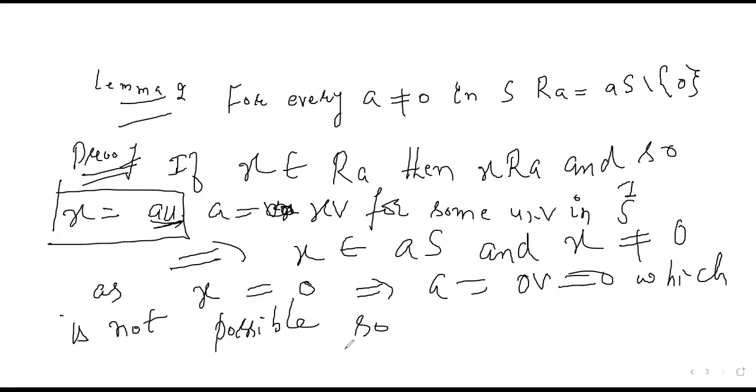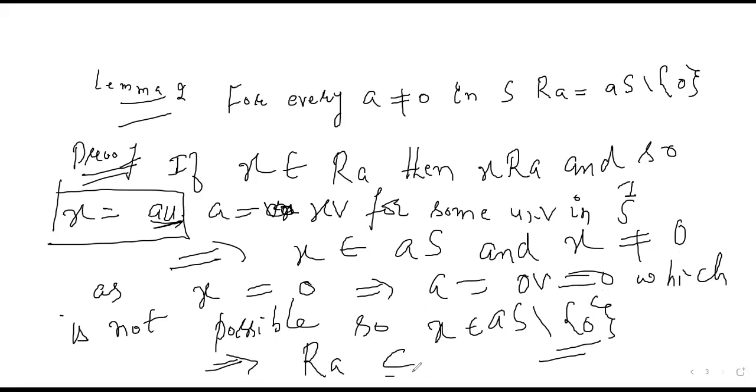So we get that X is an element of AS minus 0, a non-zero element. So we get that the R class of A is contained in AS minus 0.